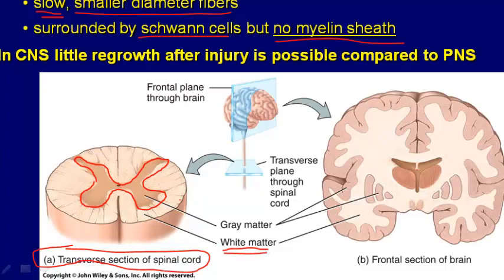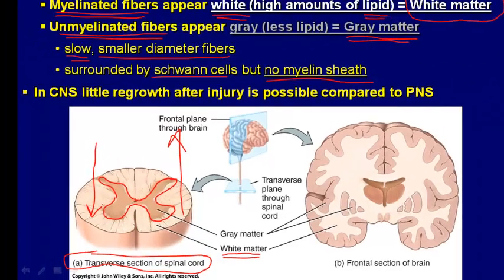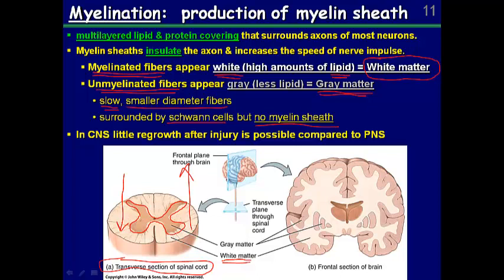The white matter is going to be transmitting the information up and down the spinal cord. Our spinal cord is used to deliver information up to the brain or down from the brain, and that has to happen very quickly. So that's largely the white matter. Gray matter is more analyzing and interpreting where the information has to go, and that doesn't require the myelination.